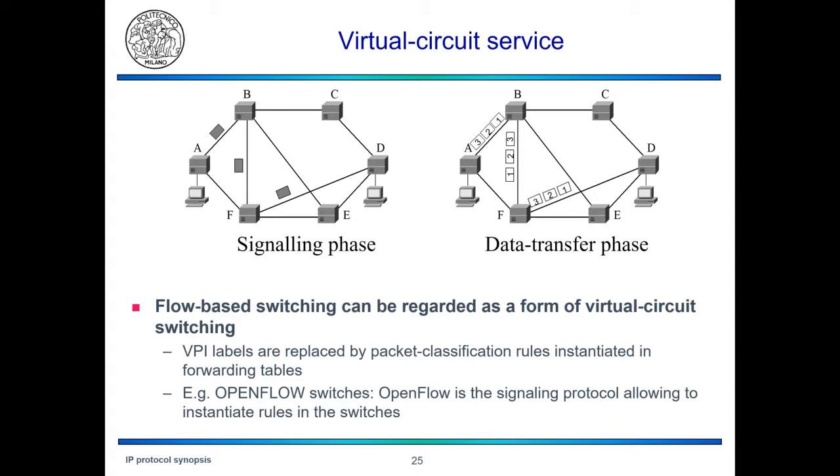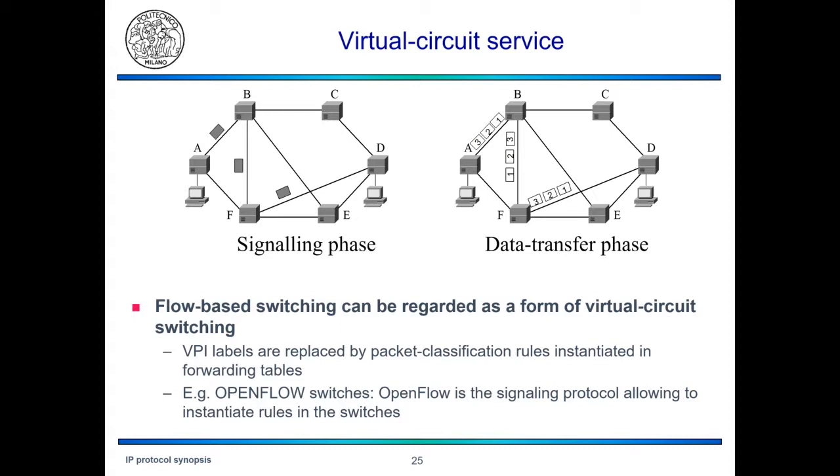In this case, we could think about it as a form of virtual circuit because there is a phase of, let's say, programming of the single intermediate nodes before start sending data, or let's say when the first packet of a flow flows through the network.